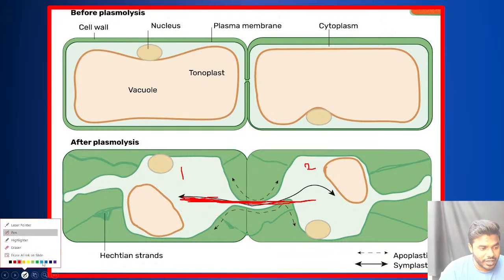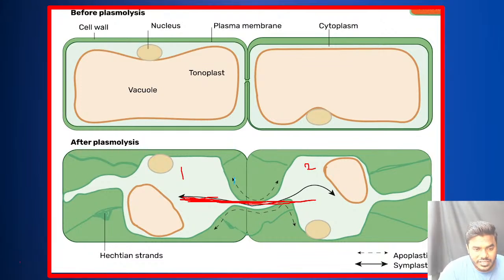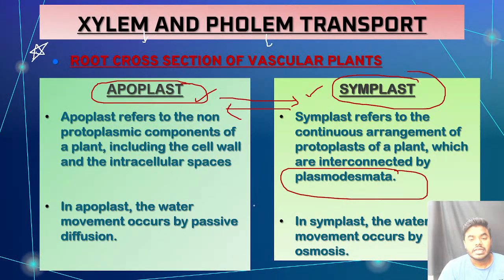Now whichever I am drawing with the blue color arrow, this is what pathway? Apoplastic pathway, through the cell wall and the intercellular space. Never forget what is apoplastic and what is symplastic.